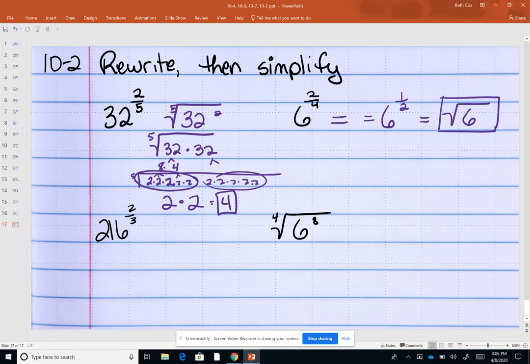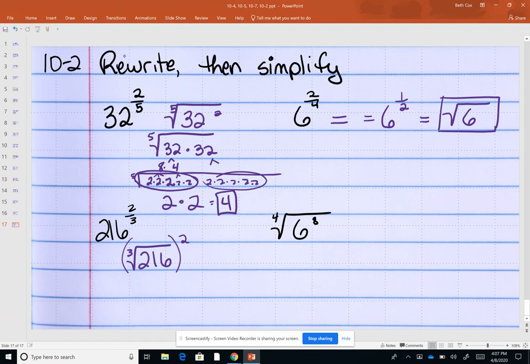Okay. So now let's do 216 to the 3/2 power. All right. Now I'm going to do something a little different than what I did before, to make things a little easier. So watch this. This is going to be 216. It's the cube root, but the power I'm going to do second. That's actually going to be easier.